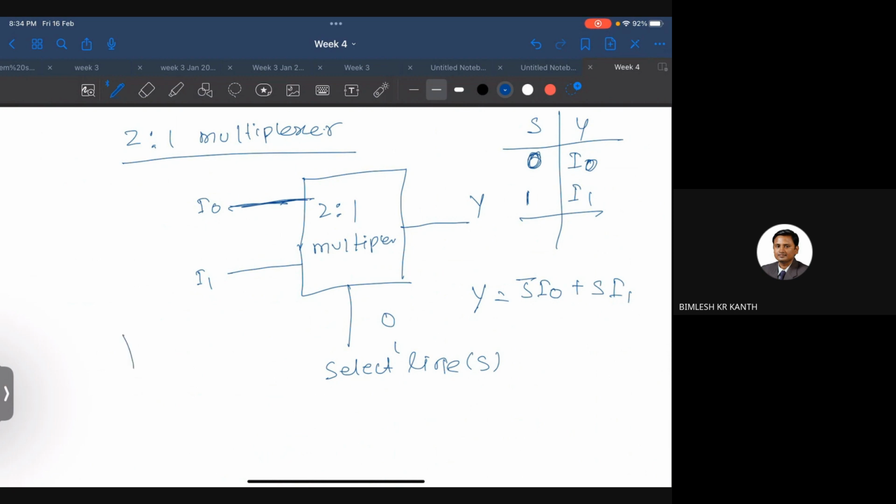So in the 2 cross 1 multiplexer, 1 is given at I0 and this is C at select line S0. So if you write the expression, it is S0 bar I0 plus S0 I1, which is C bar into 1 plus C into 0. So it will be C bar, correct? You got this?